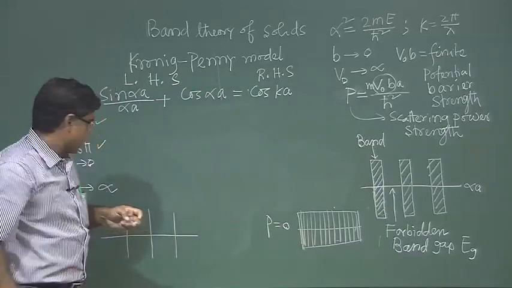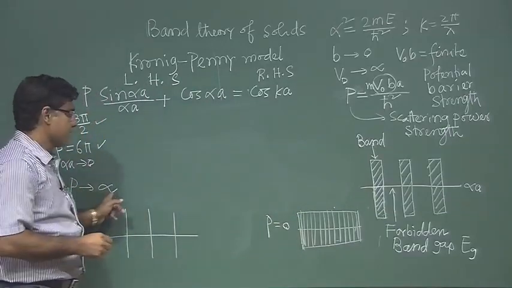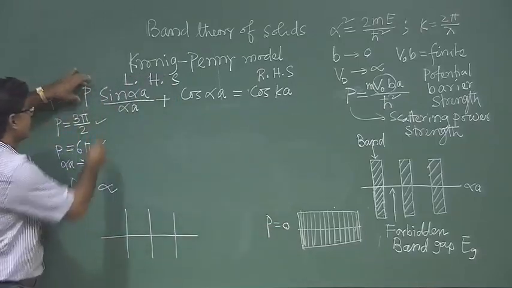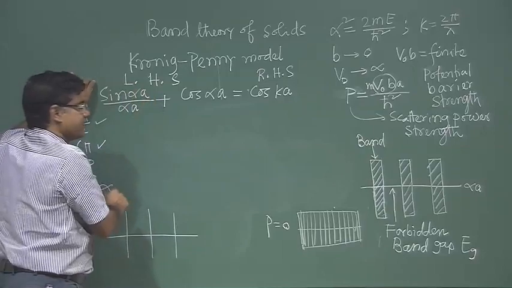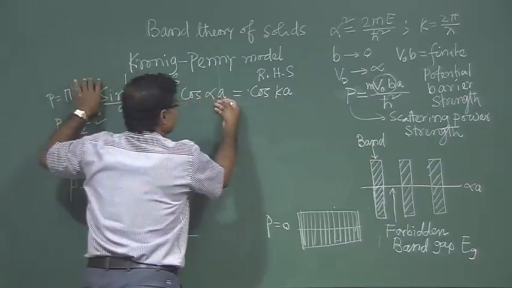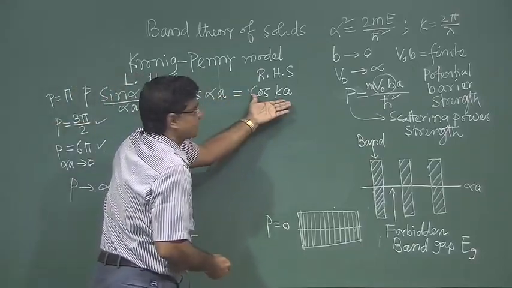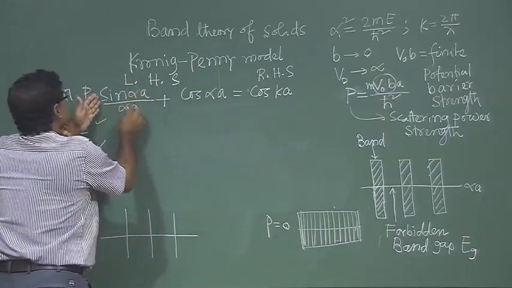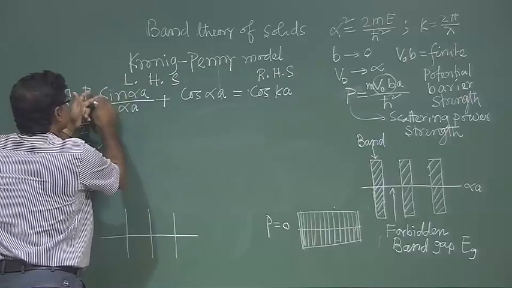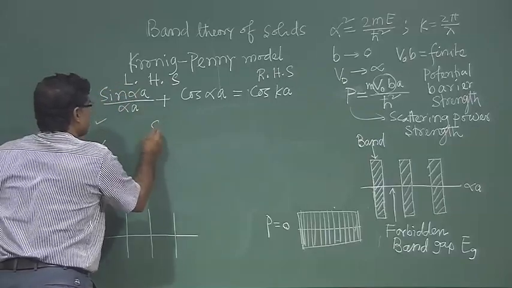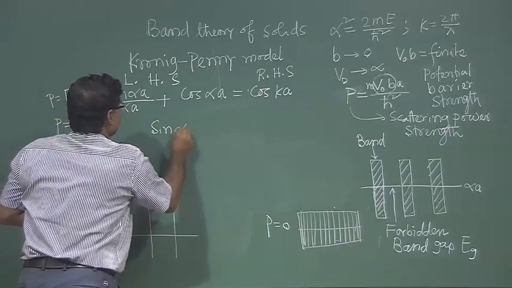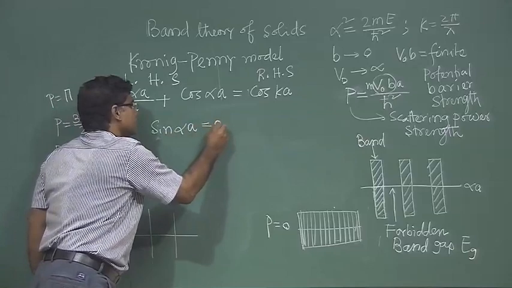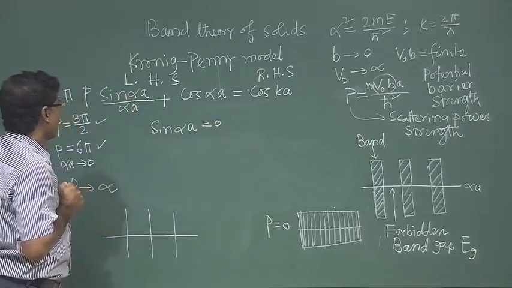Let us see these two extreme cases, when p tends to infinity and p tends to 0. When p tends to infinity, this term will be infinity, but it cannot be more than plus minus 1. Okay. So, one can consider that sin alpha a has to be 0, right.